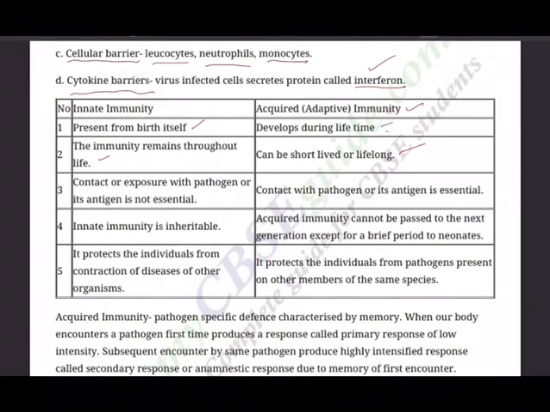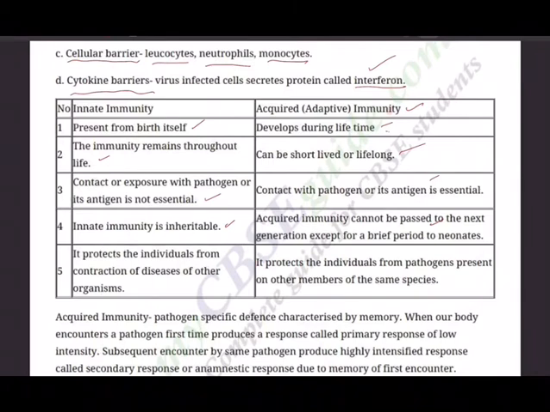Contact or exposure with pathogen or its antigen is not essential, there is no need. Whereas contact with the pathogen or its antigen is essential. Innate immunity is inheritable, generation to generation in the family. Acquired immunity cannot be passed on to the next generation except for a brief period to neonates, only brief period.